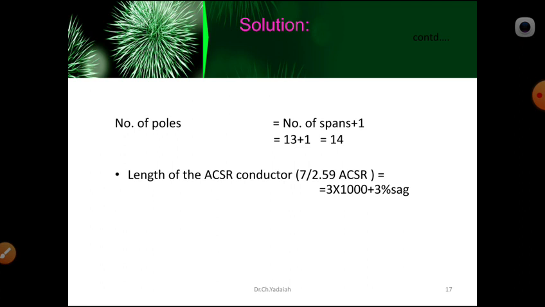How many conductors are required? R phase, Y phase, B phase. So each is 1 kilometer, into 3, giving 3000 meters, plus we require 3% wastage for the sag correction.